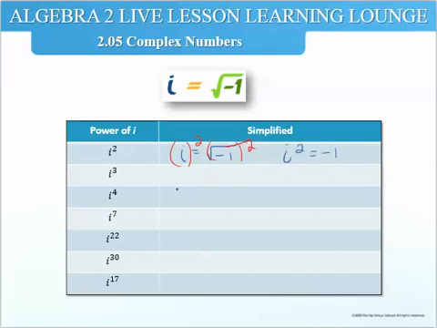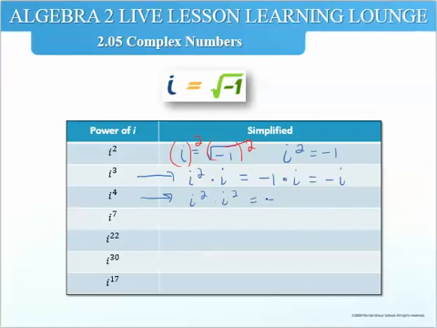Then we have i cubed. i cubed can be rewritten as i squared times i to the first. i squared is equal to negative 1, so really we're saying we have negative 1 times i, which is negative i. i to the fourth can be creatively rewritten as i squared times i squared.